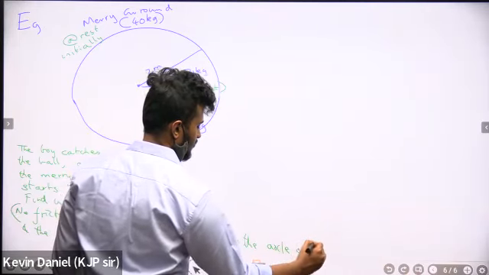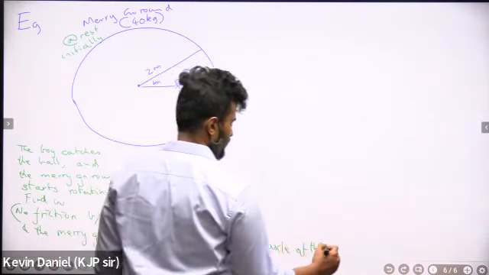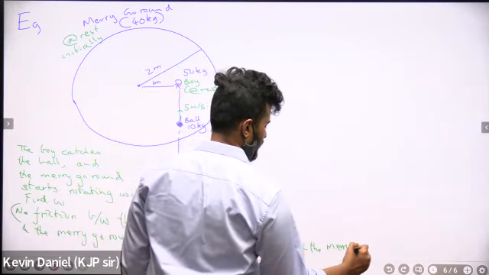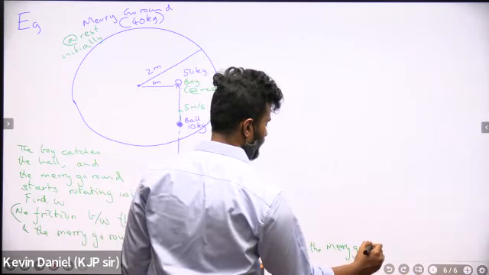The distance between the ball and the axle is 1 meter. Axle is like the center point. हाँ axle जिसके ऊपर वो घूमता है वो rod.